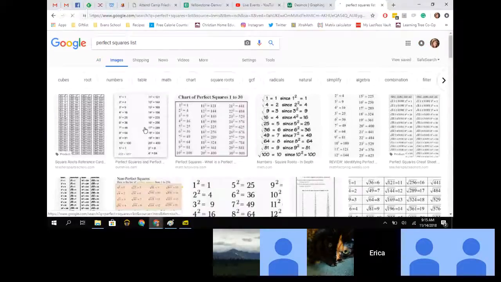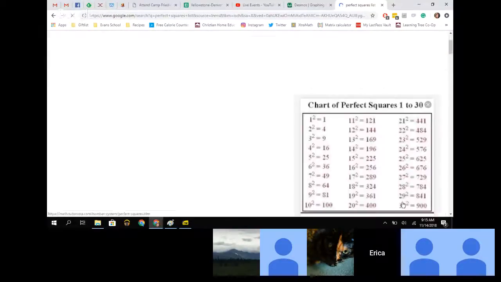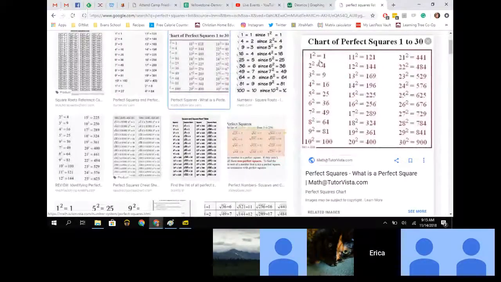If not, print out something like this that has all of your perfect squares. That way, if you see, oh, I can pull out a 9, or I can pull a 4 out, or, oh, this is a multiple of 49, or whatever it might be. I would say basically 1 through 12 are the ones, maybe 13, maybe 15, 1 through 15, something like that. Those that you want to be familiar with, because that'll really help your homework to have that.